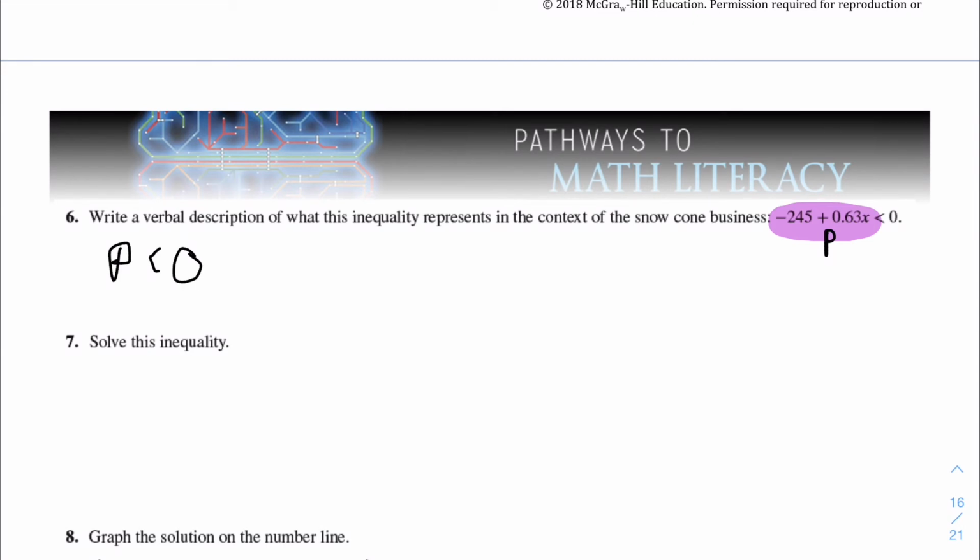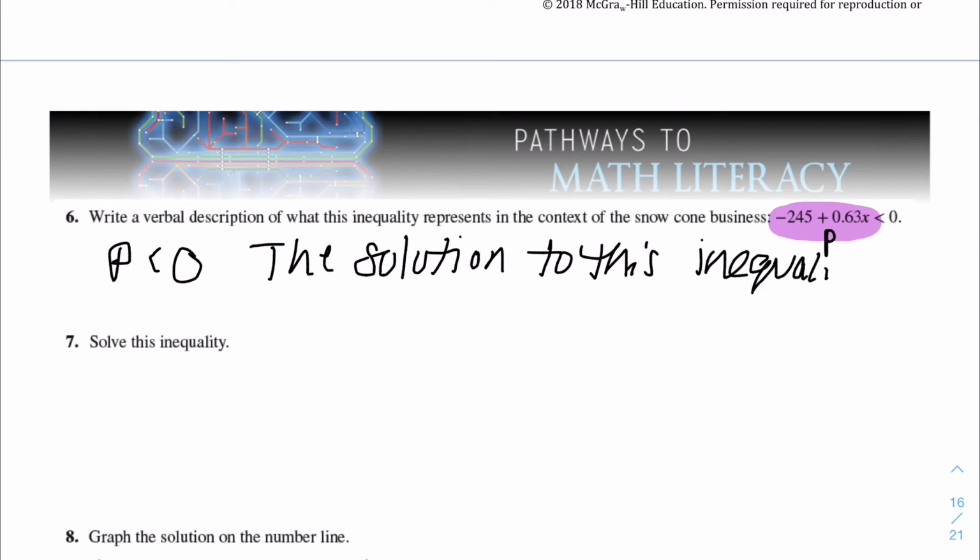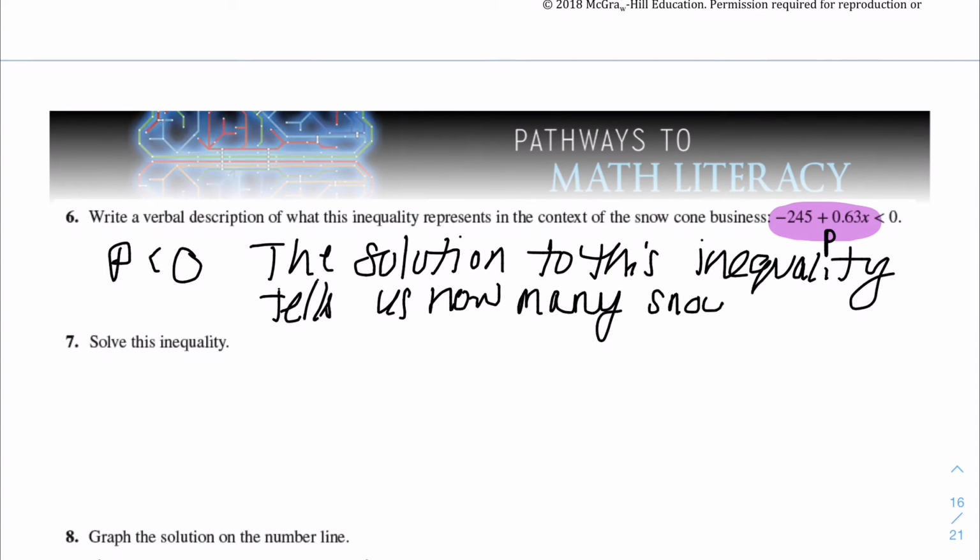So in words, the solutions to this inequality tell us how many snow cones we would sell to lose profit, or to lose money.